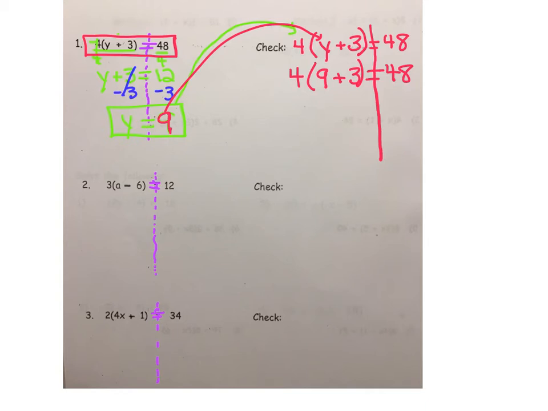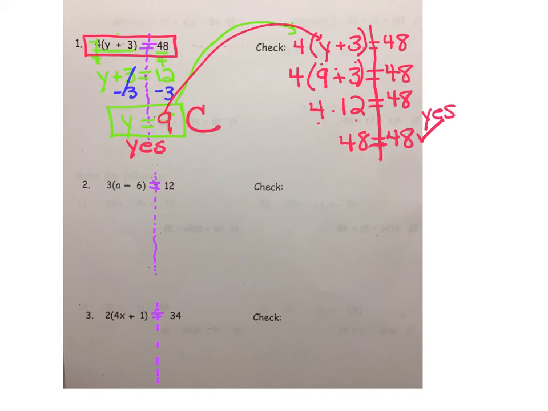Let's work on the left side. Parentheses first. 9 plus 3 makes 12, so it becomes 4 times 12. And 4 times 12 is 48. On the other side, we also have 48. Since the answers equal one another, it checks. So yes, 9 is the correct value for y.